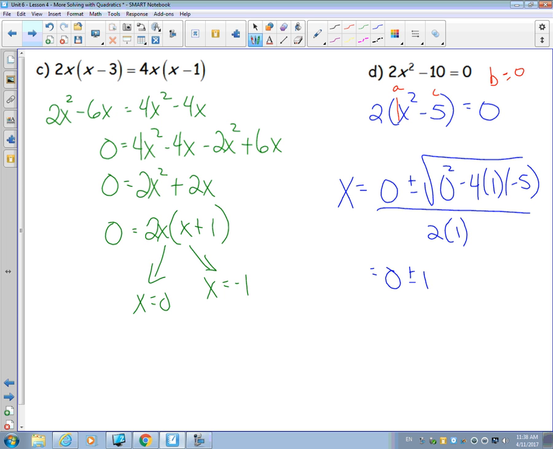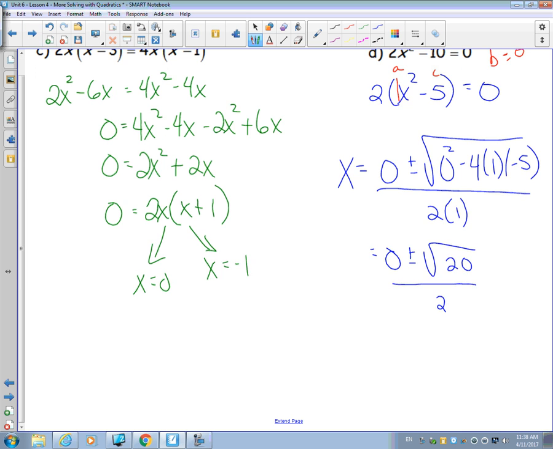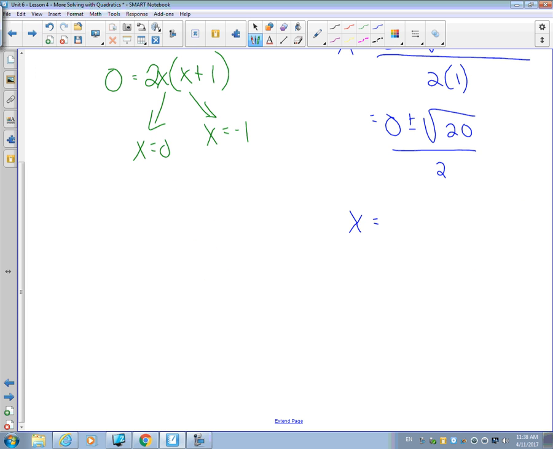That can be 0 plus or minus. 0 squared is still 0, so -4 times 1 times -5 comes out to 20. I am going to have two answers still, because I have 0 plus root 20 and 0 minus root 20. And either way, make sure you press the equal sign before you divide by 2, right? We talked about that previously. 2.24 and negative 2.24. Solved.